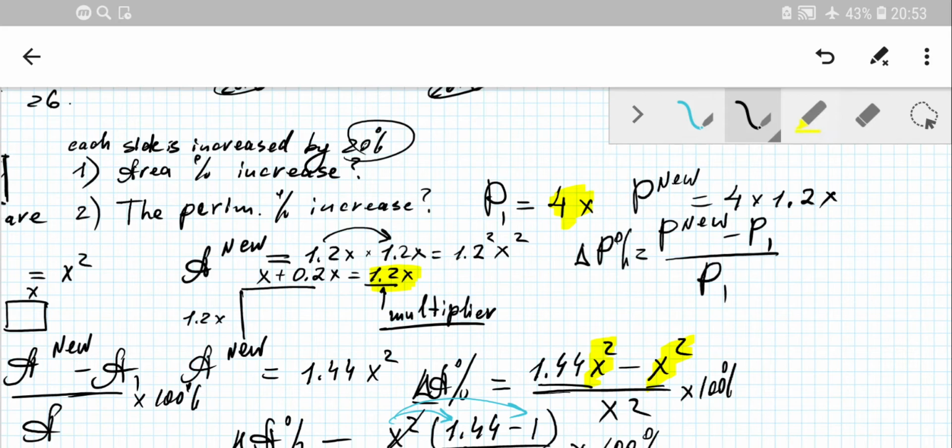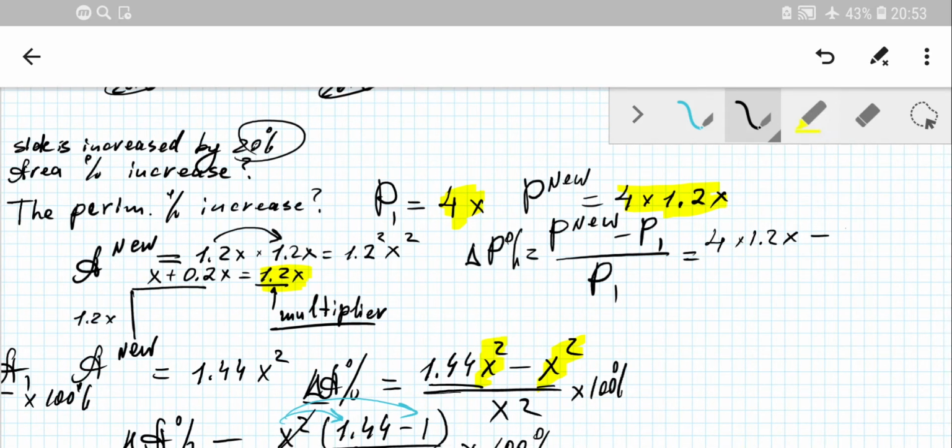Don't calculate, just see that later on you'll factorize and you'll get 4 cancelled. So P new is simply 4 times 1.2x. Then you subtract the previous one, 4x, and then you divide by 4x, and the result you multiply by 100%, because you want to express it as a percentage. So you can factorize 4, and 4 cancels with 4.